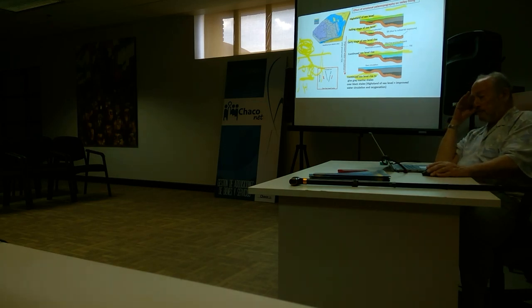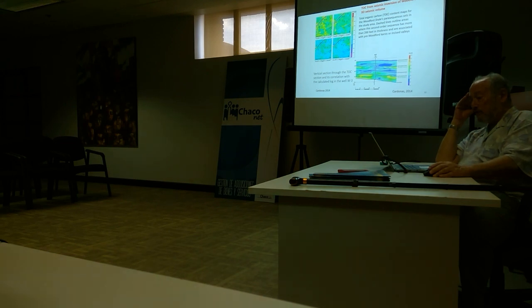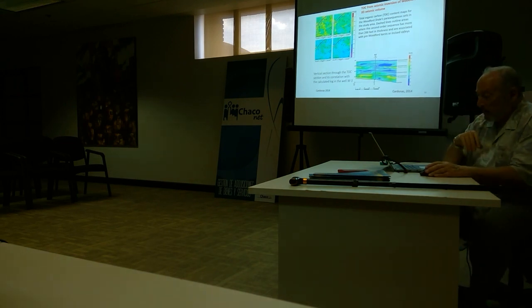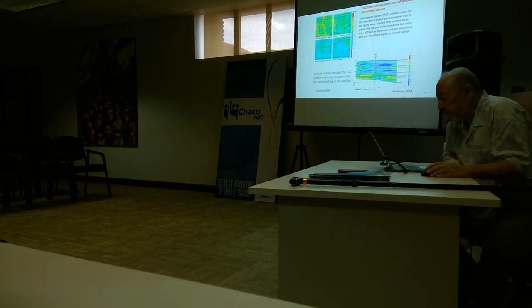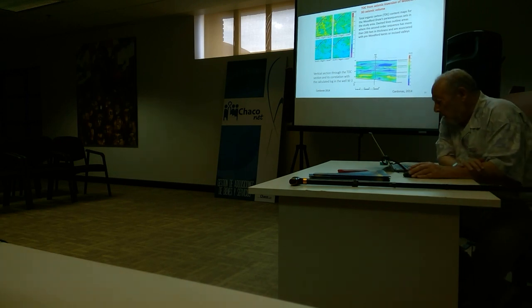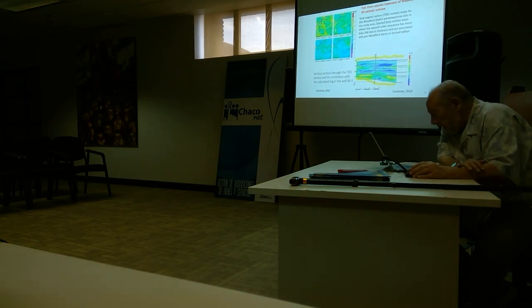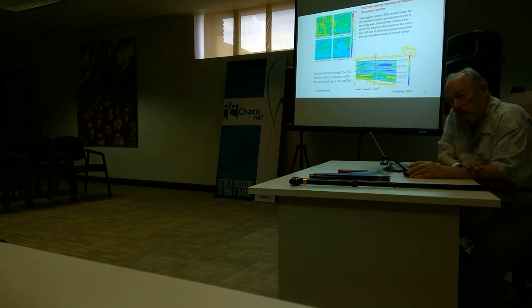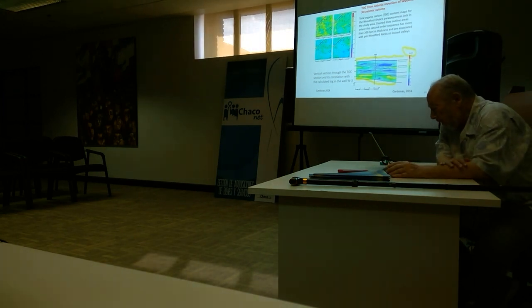Now, can we prove this model? Well, we set out to prove it, and sure enough, we could. And so what you're looking at is a 3D seismic survey, and you're looking at a vertical seismic line, and the color scale here is in TOC, total organic carbon.